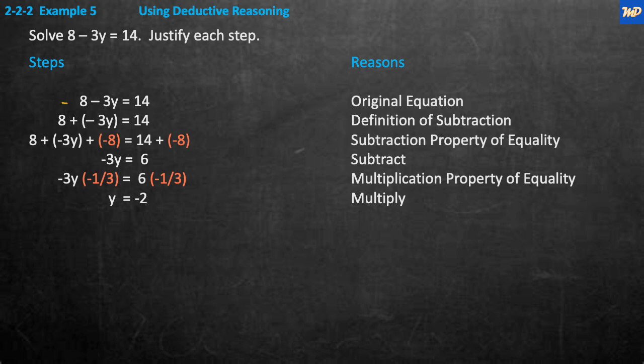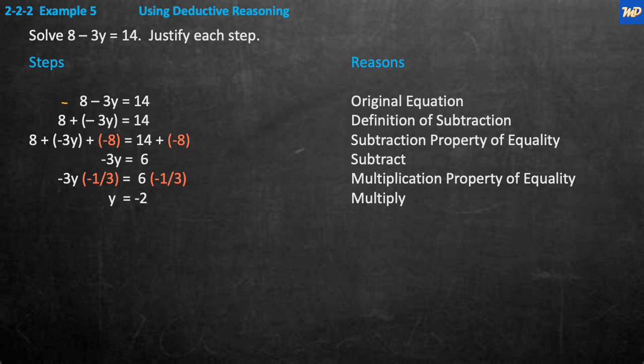Then what's the first thing we're going to do? In this case, using the definition of subtraction, they wanted us to convert this from 8 minus 3y to 8 plus a negative 3y, because we're going to use some subtraction here. That's how we did that conversion, the plus and the minus.